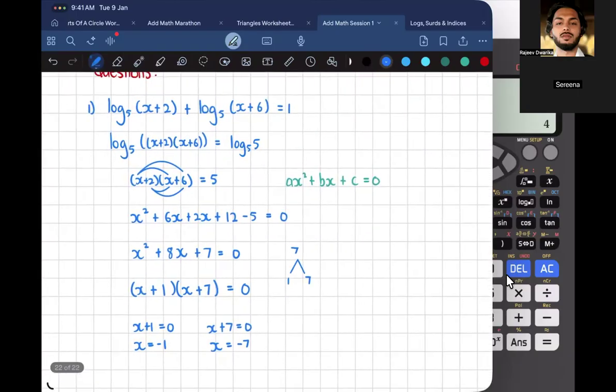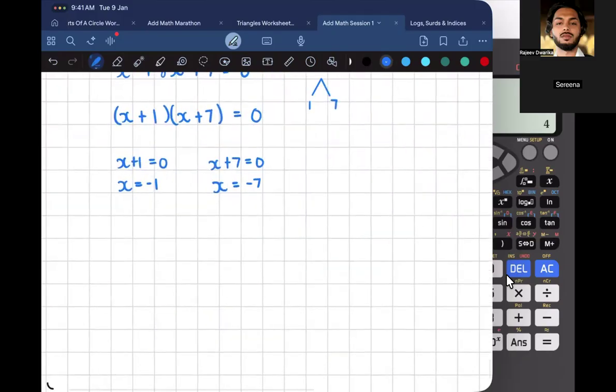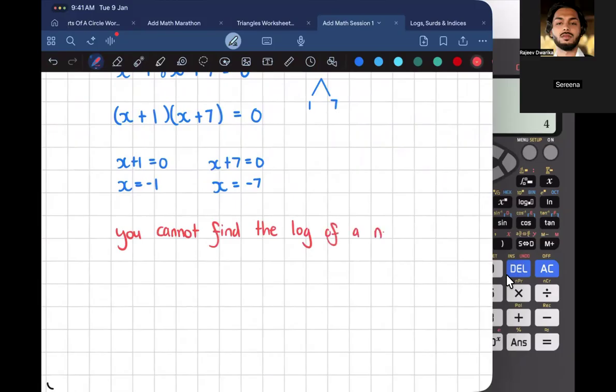Now, remember what I was telling you. You can't find the log of a negative number. Right? You cannot find the log of a negative number. So do you think both answers are incorrect?